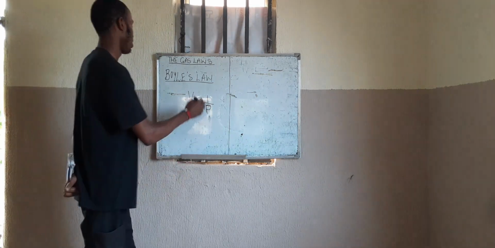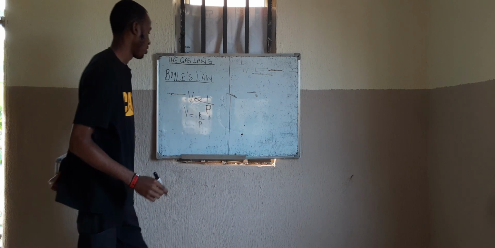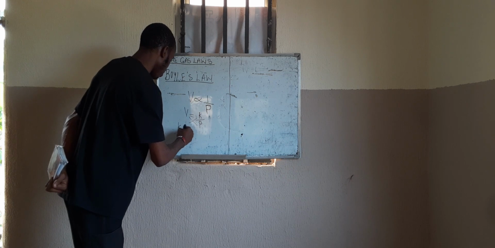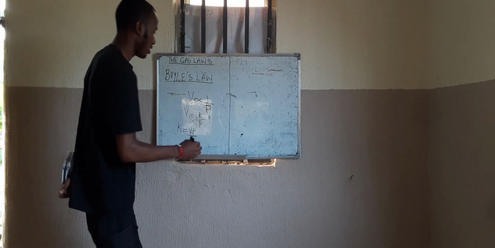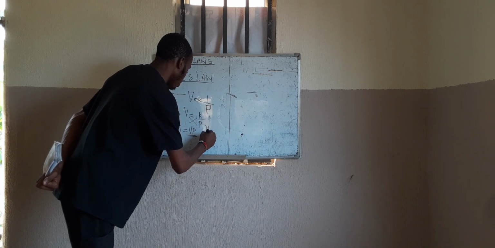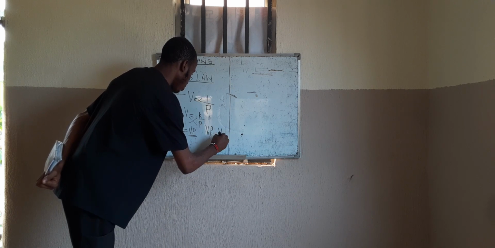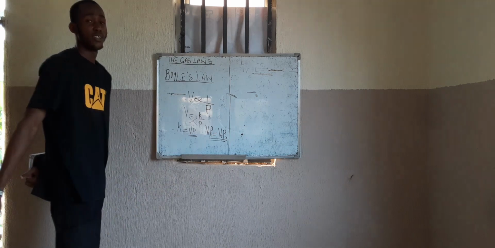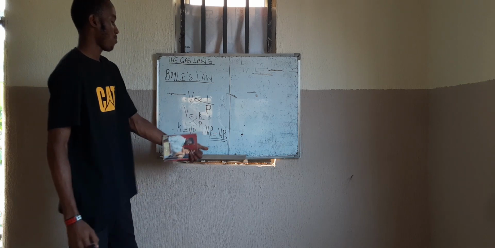So we now have V equals a constant, which means the constant equals V times P, that is VP. So in the real sense of it, Boyle's law is given as V1P1 equals V2P2. For calculations, it is given like this. So this is the mathematical representation of Boyle's law.